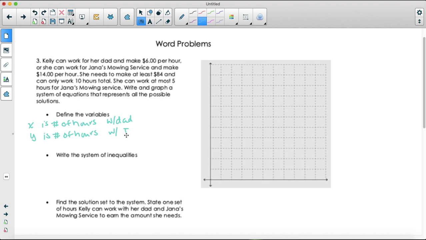So I'm going to call it JMS. So if I write it out over here, I'll put hours with dad. And then on the Y, we'll have hours with Jana's mowing.